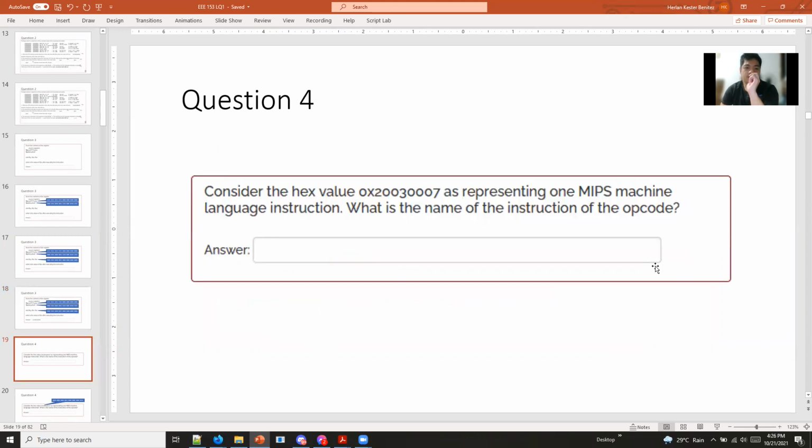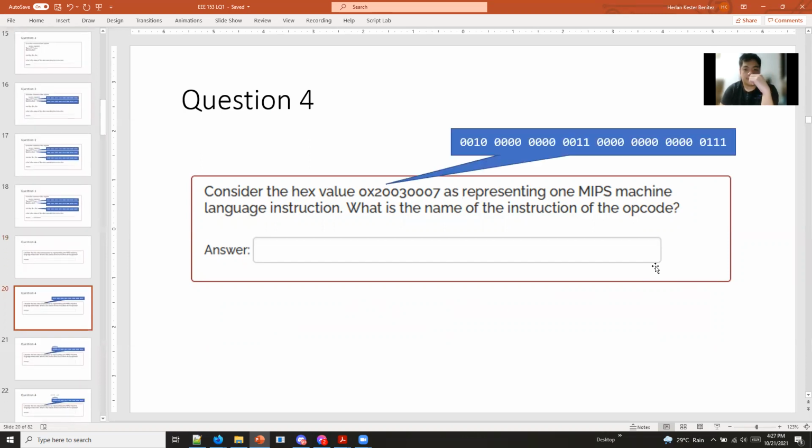Okay, next naman, question number 4. Consider the hex value 0x20030007 as representing one MIPS machine language instruction. So ano yung pangalan ng opcode? Basically anong ibig sabihin ng instruction na to?